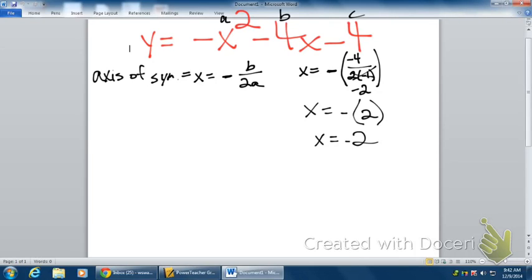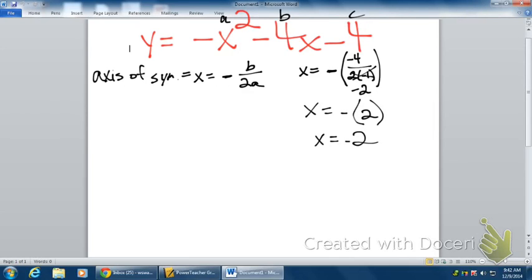So now we know the x value of our vertex. We know where that dotted line is. If I wanted to graph this thing out, I now know that my dotted line is going to be somewhere over here on this negative 2.